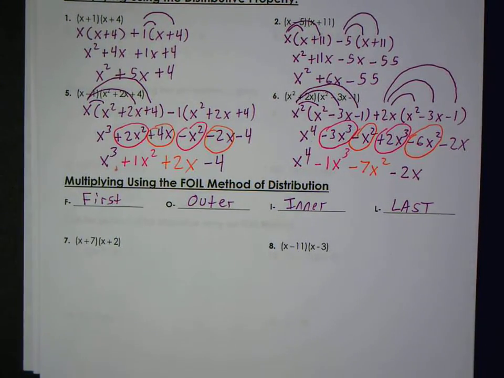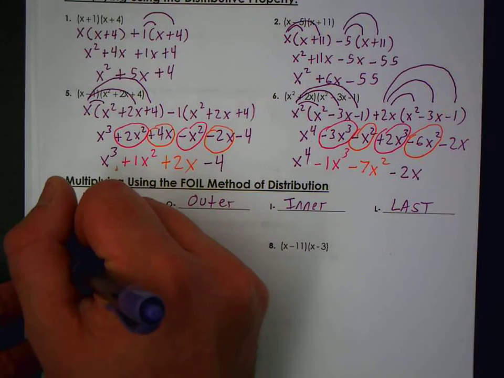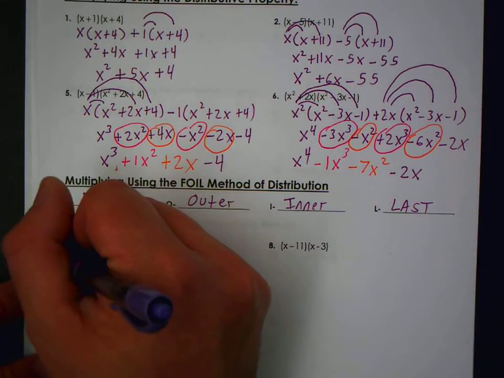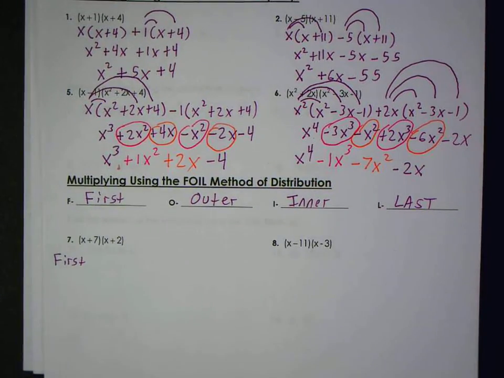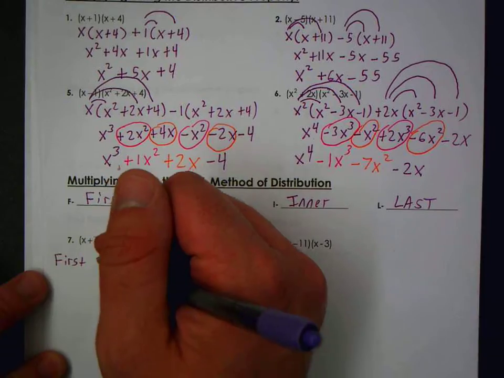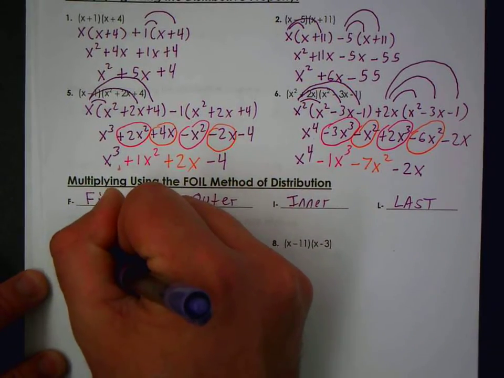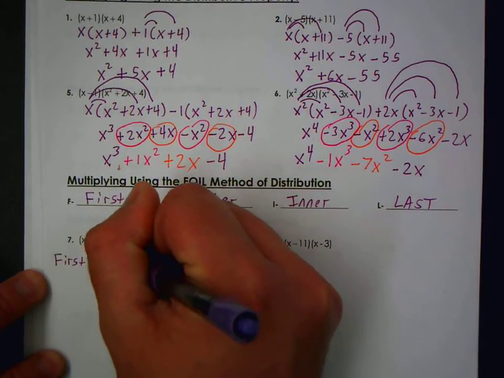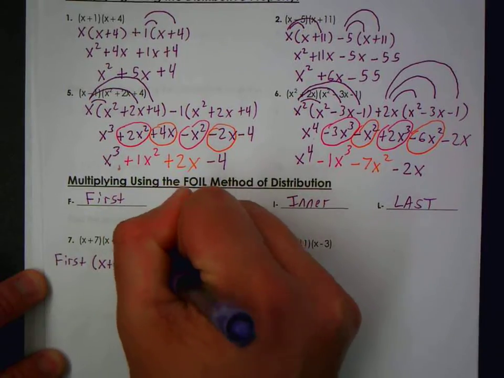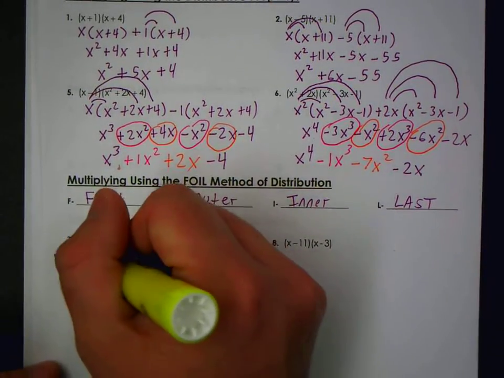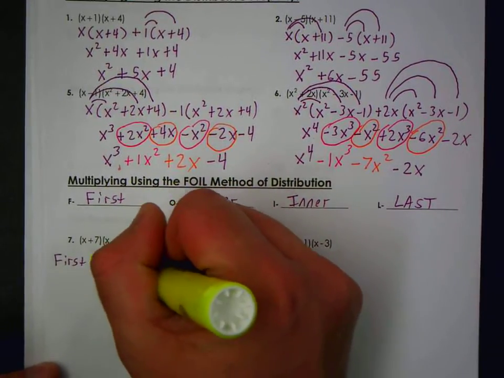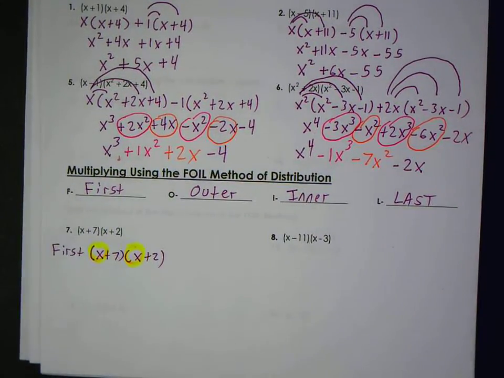So you go with what's first. I'll write it down again. First is when you take this term times this term, and you get x squared.